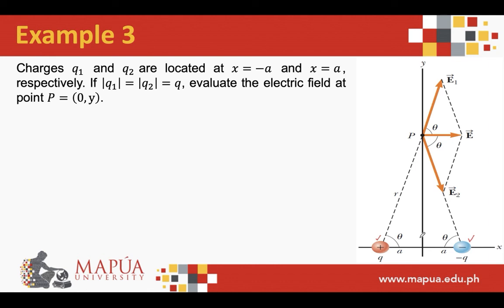Evaluate the electric field if Q1 and Q2 and Q are equal, at this particular point, 0 y. So this distance is y, located on the y-axis, which is y units from the x-axis.